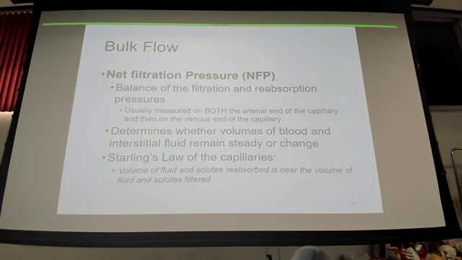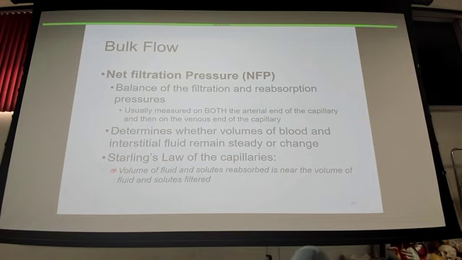But remember Starling's forces in the heart? To a degree, the greater the stretch, the greater the contraction. Starling also has forces here in the capillaries and hemodynamic flow, is that in general, volumes are going to balance out, okay?